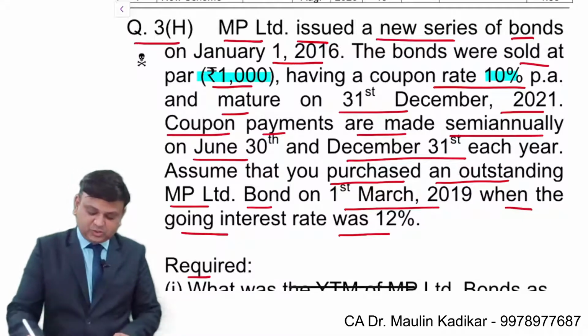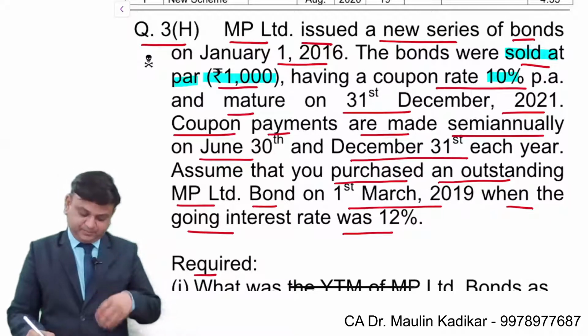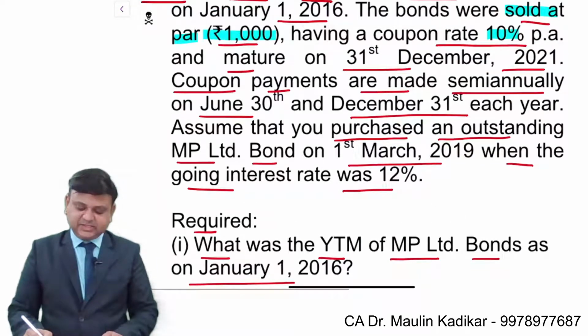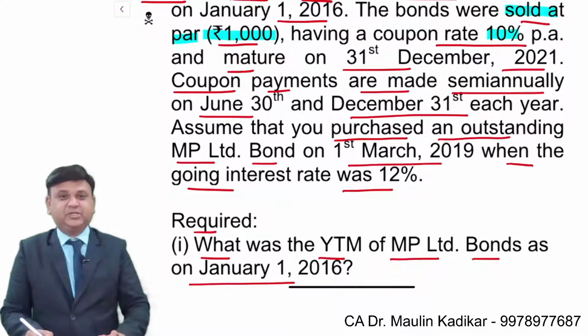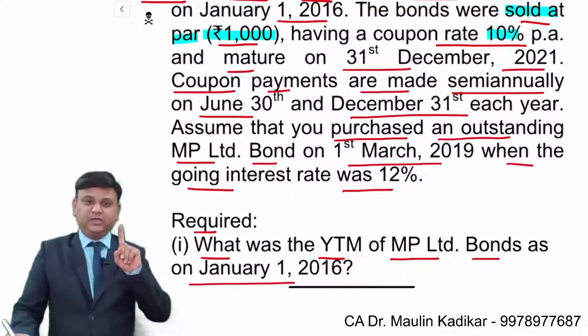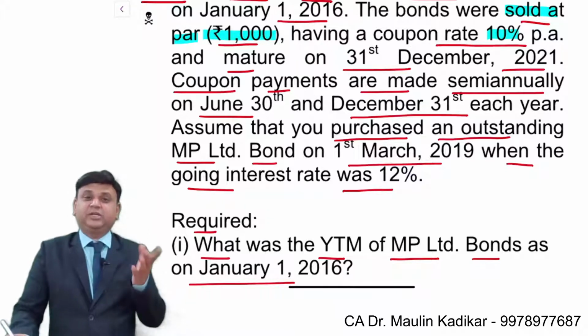The bonds were sold at par. Means issue price is 1000. You can see that regarding redemption no information is given. So we can assume very well that the redemption will be also at face value. So if at all the issue price and redemption value are same, then the return will be equal to the rate of interest, that is 10% in this example.